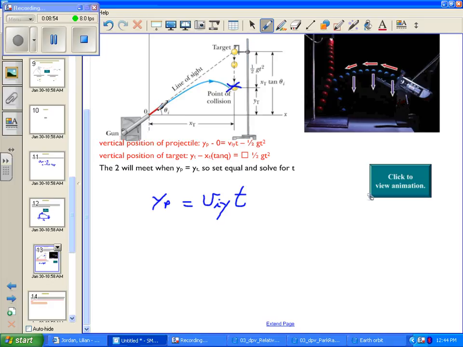Remember, it was launched at an angle theta, and so we will have an initial velocity for the projectile in y, which is equal to the initial velocity times the sine of the angle theta. So this is what we have for initial velocity in y, times t minus 1/2 gt squared.